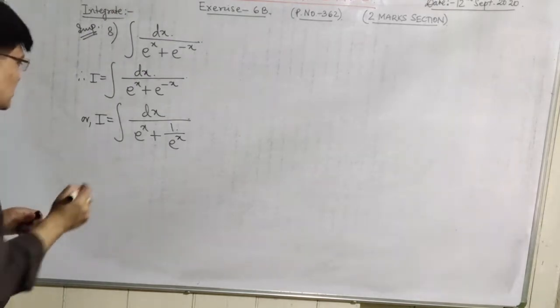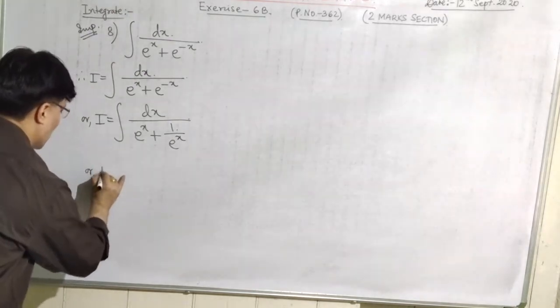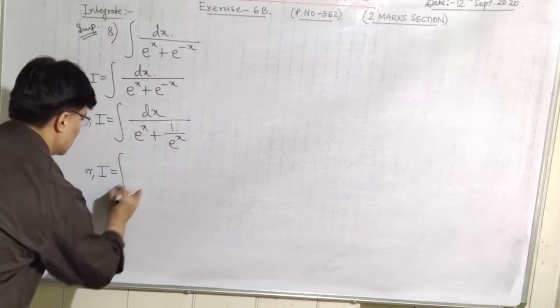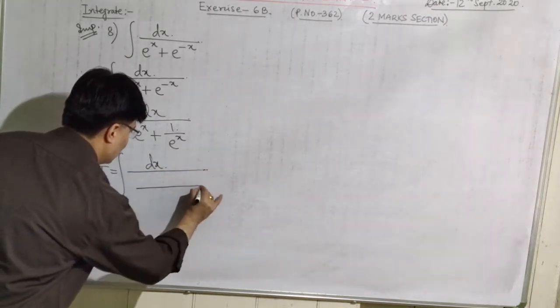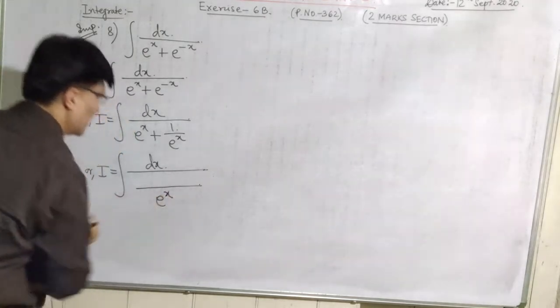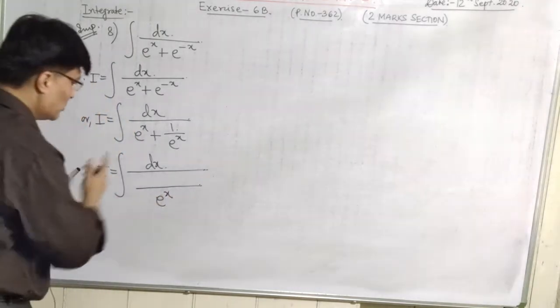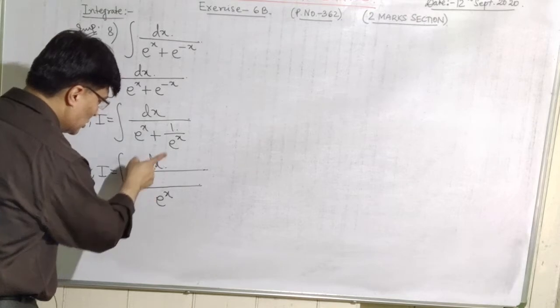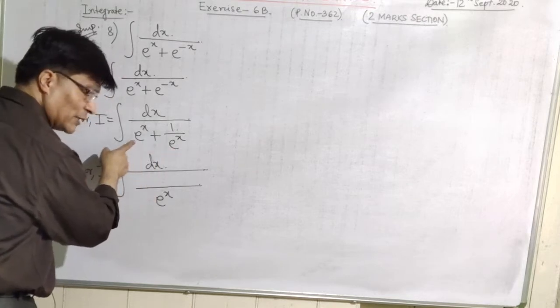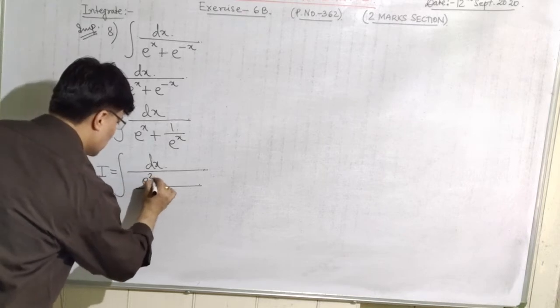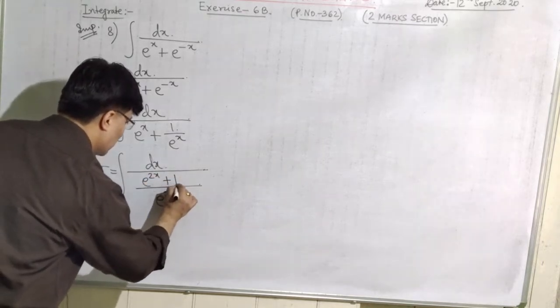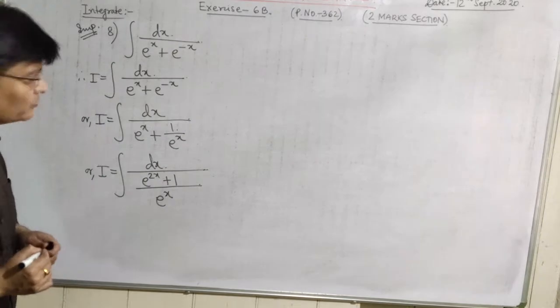Okay, so now let's take the LCM. I is equal to integration of dx divided by, what's the LCM in the denominator? It is e to the power x. So e to the power x into e to the power x, if you multiply them, powers will be added, so it is e to the power 2x, then we can write here plus 1.